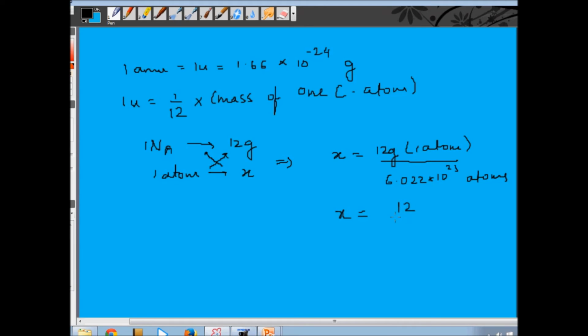So the mass of one carbon atom is nothing but 12 by Na gram. So that is 1 U.